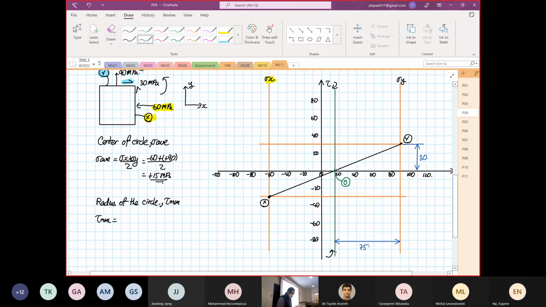Okay. So from here, we just do 30 squared plus 75 squared, square root the whole thing, 80.777.